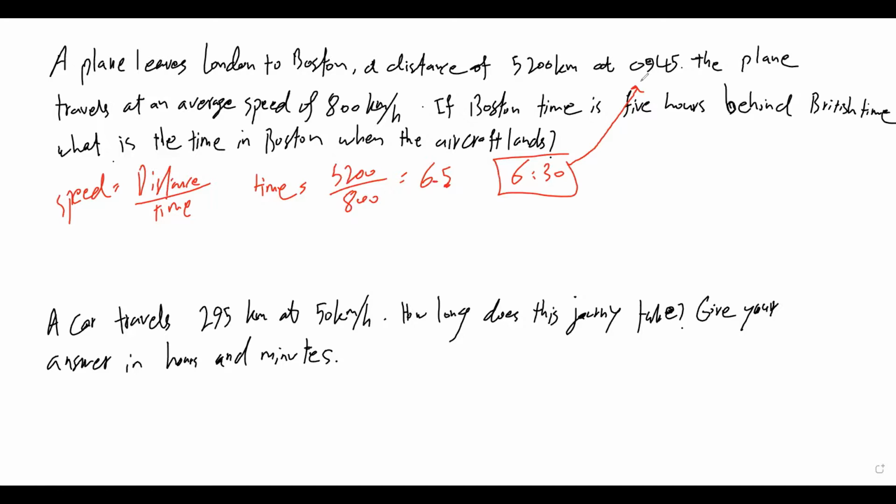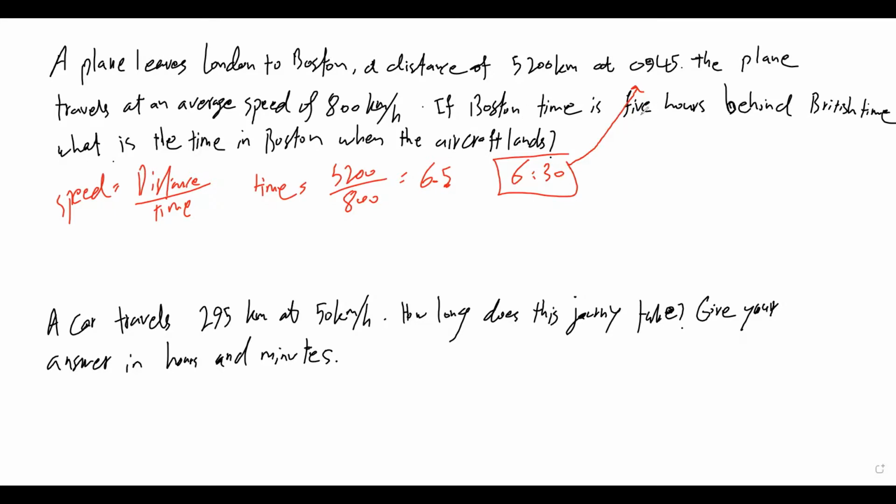However, the issue arises when you want to convert that into local time in Boston, right? Because they say, what is the time in Boston when the aircraft lands? So when the aircraft lands, if you look at your wristwatch, the time that it shows is the London time, right?